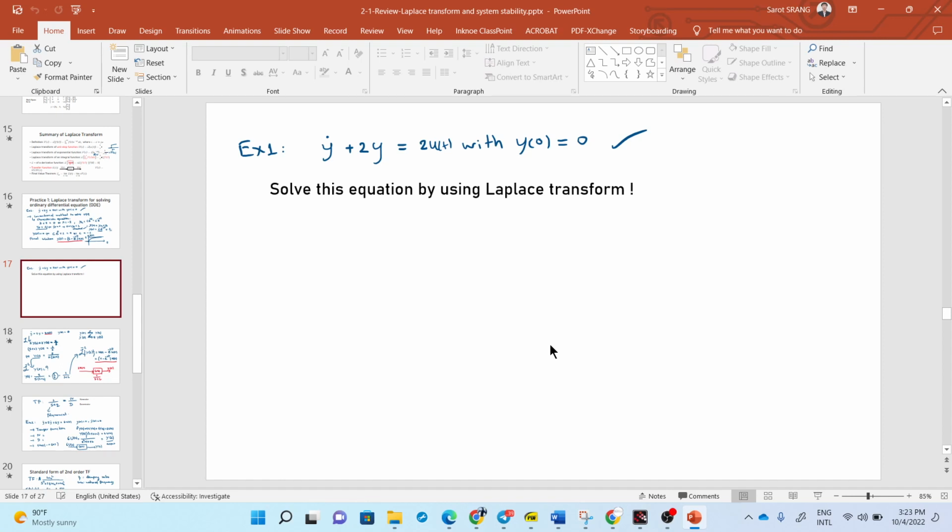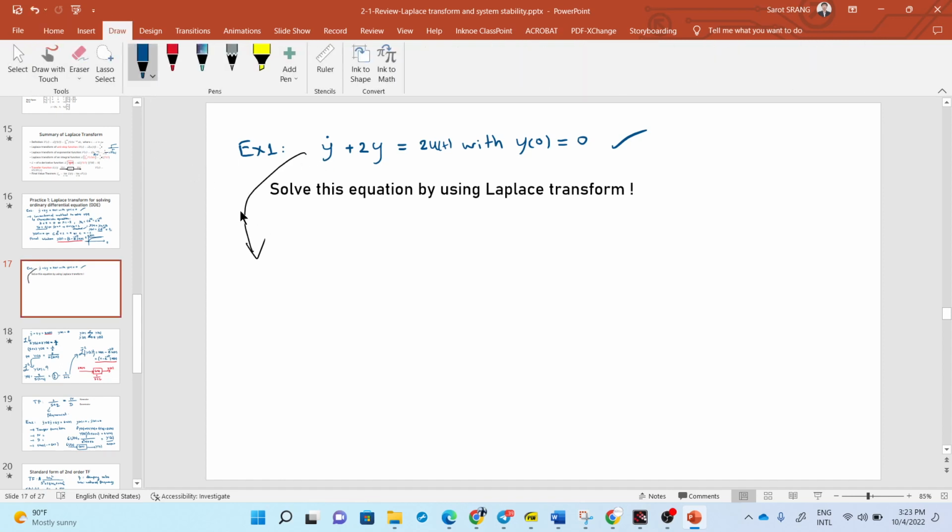So first you use Laplace transform to get s y of s plus 2y of s equal to 2 over s. Okay. Then you get y of s equal to what?